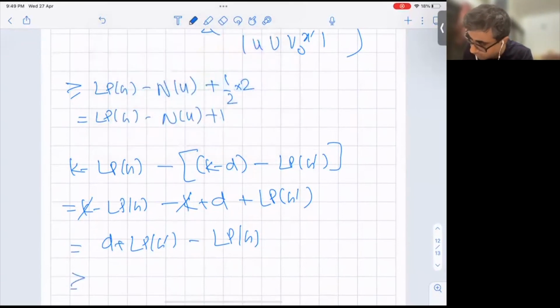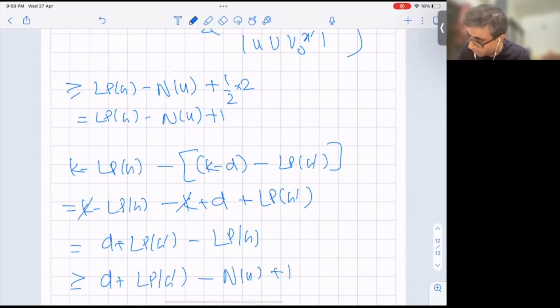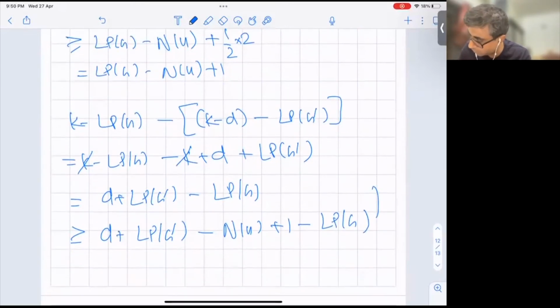This is at least D plus LP of G prime minus N of U plus 1, minus LP of G. So this and this will get cancelled, this and this will get cancelled, and this is at least 1. Is it fine? This is just a simple computation.